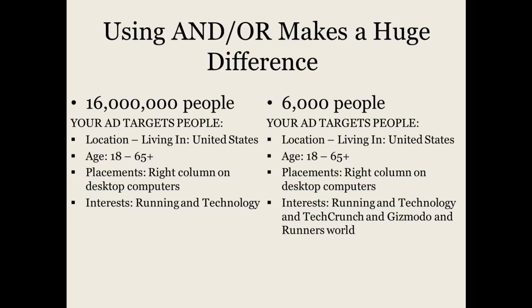Placements, right column on desktop computers. Interest, running and technology. Here, 6,000 people, your ad targets people. Location, living in the United States. Age, 18 to 65 years old. Placements, right column on desktop. Runners, running and technology, and TechCrunch and Gizmodo and Runner's World.